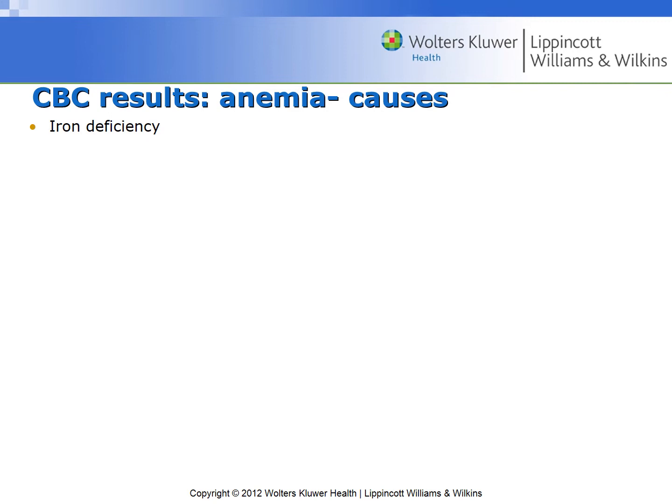If you don't have enough iron to make the hemoglobin, you don't make hemoglobin, you don't make red blood cells. So dietary, either an inadequate absorption, so you're not getting enough in your diet, or excessive loss of Fe, iron.